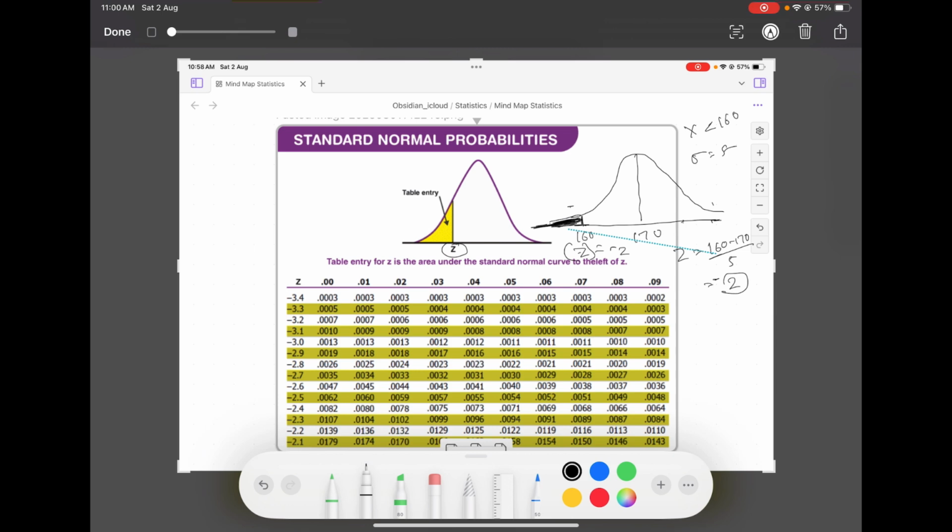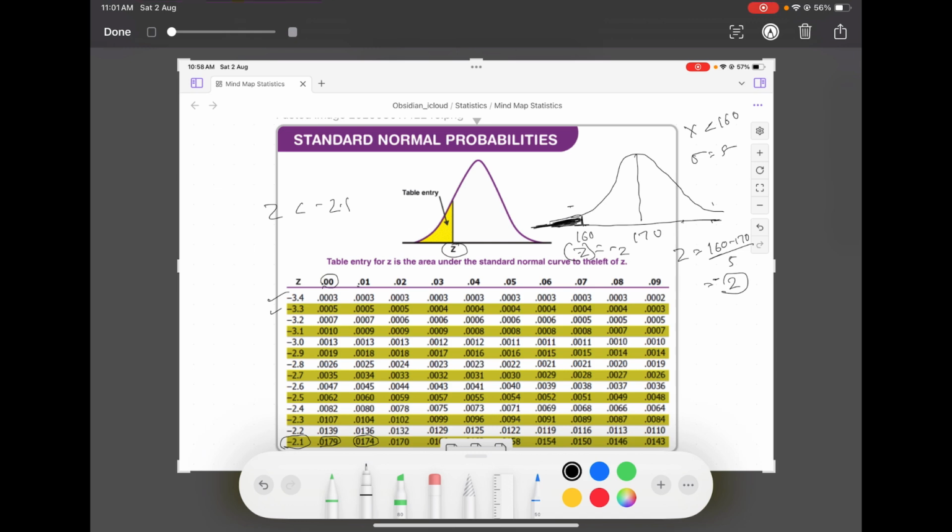So you have a table like this. The Z score is given like this: minus 3.4, minus 3.3, etc. In this case, the 2 is not directly given, so let this be 2.1, but in the table you can find it. The values given here are the probabilities, so the probability that Z is less than minus 2.1 is given here.